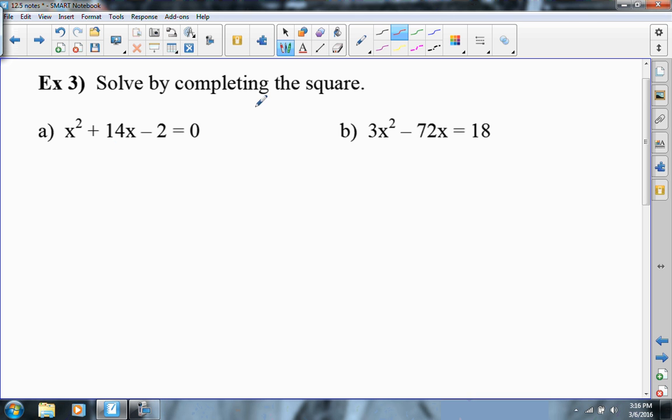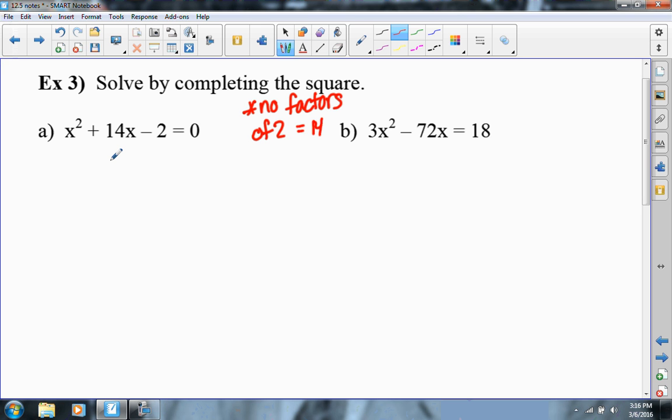And there aren't any factors of 2 that'll add up to 14. Okay? Because the factors of 2 are 1 and 2, and you can't add up 1 and 2 in any combination to get 14.